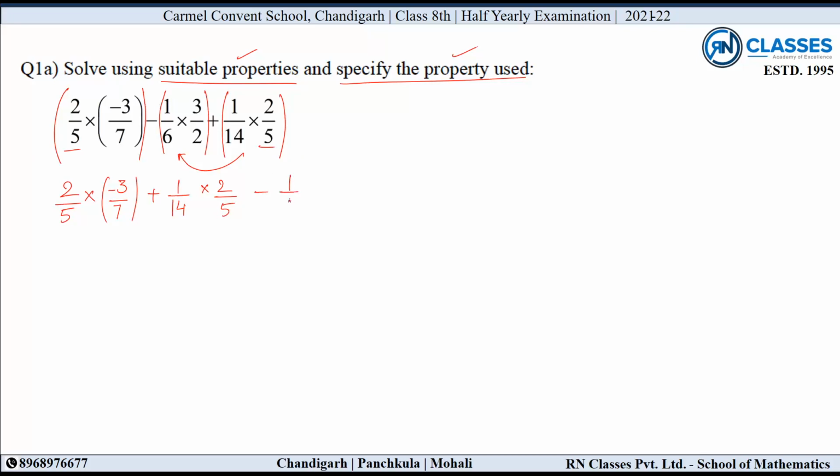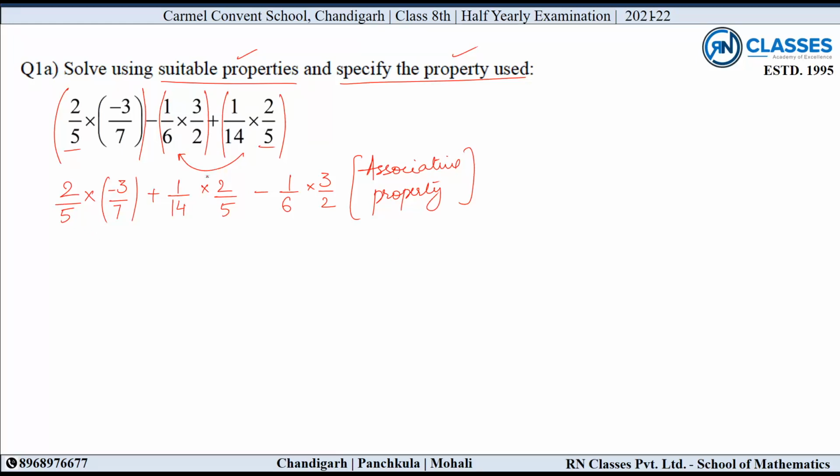Minus 1 by 6 into 3 by 2. So which property did we use over here? Associative property. You have to write it down as it is mentioned, right?